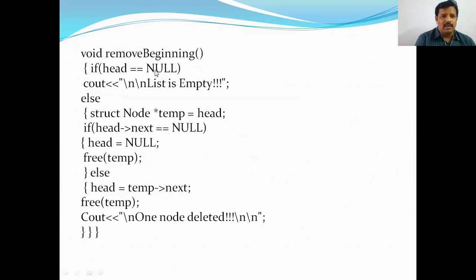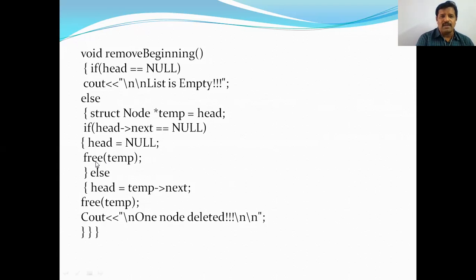If head equal to null, what does it mean? The list is empty. Simply print the message empty. Otherwise, the list is not empty. What do we do? We take a pointer temp and assign the head value to temp. If head next equal to null, what does it mean? It contains only one element. Just simply free temp.